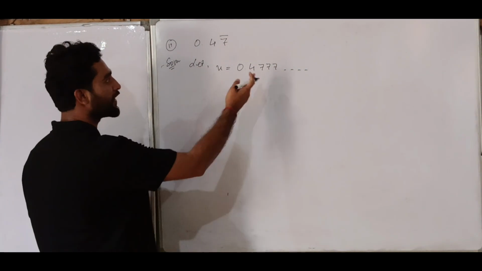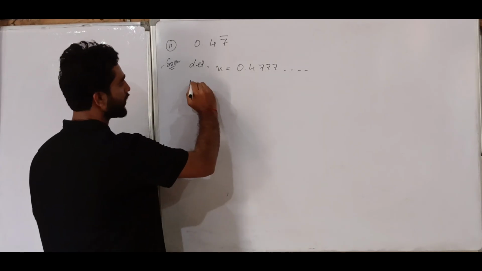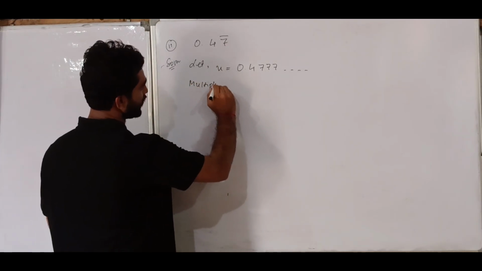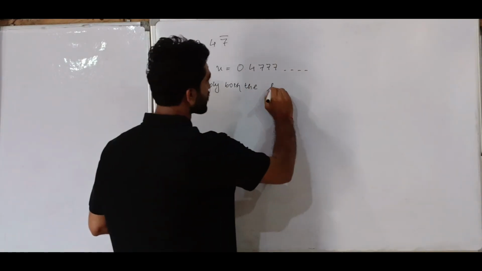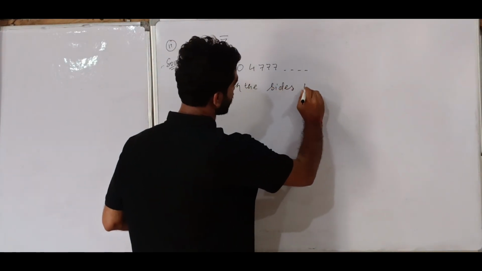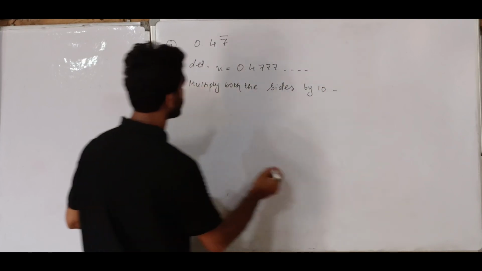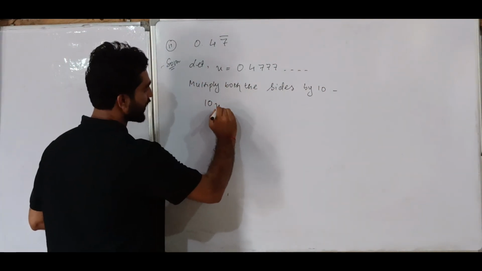Now the same method: multiply both sides by 10. So x into 10 is 10x.